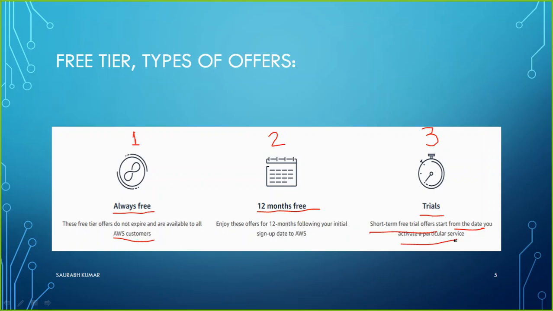If it is valid for 3 months, it will be valid starting from December, not from September when I created the account. So a trial always has a validity period, and that validity period starts from the day you activate that particular service, not from the day you created the user account or signed up. So these are the three things we have to understand.